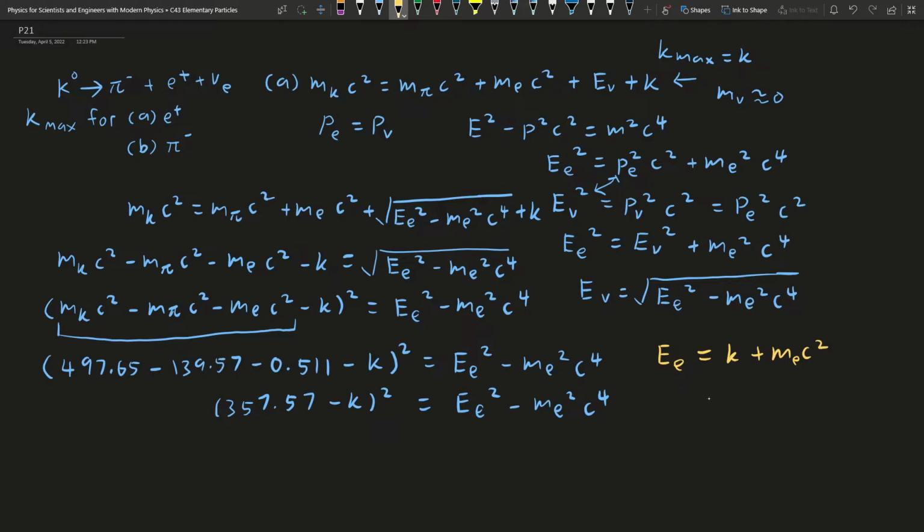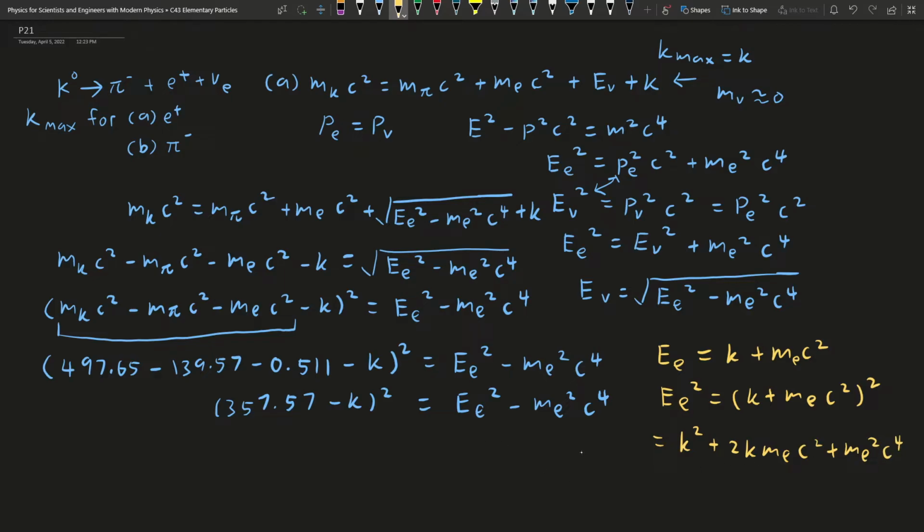If we square this thing, K plus m_e c², squared, we have K² plus 2K m_e c², and finally plus m_e²c⁴.